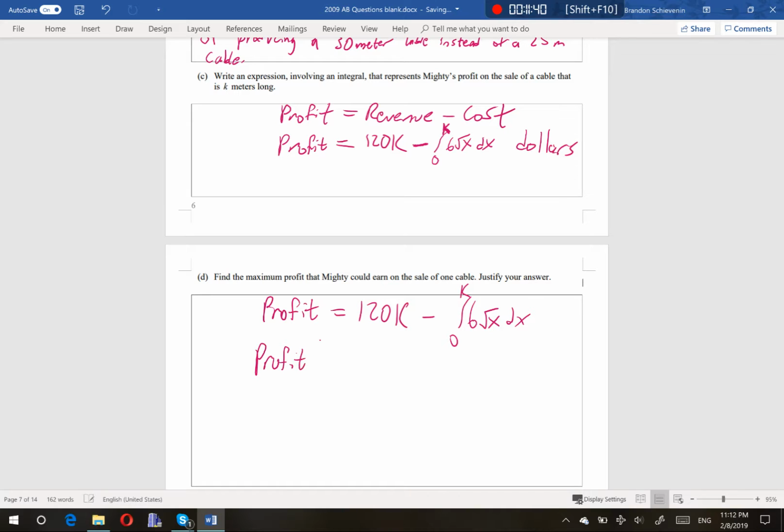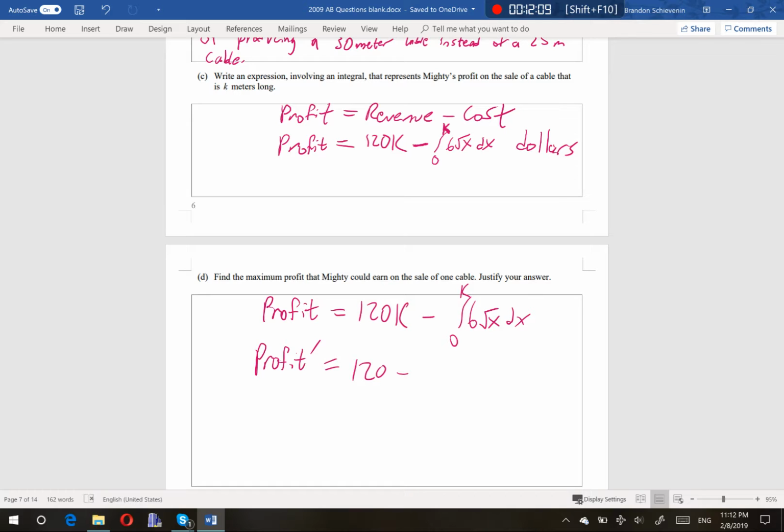Our derivative of profit is equal to 120 minus, what happens if I derive this integral? If I integrated 6 root x, I would step up and then plug in my upper bound minus my lower bound.